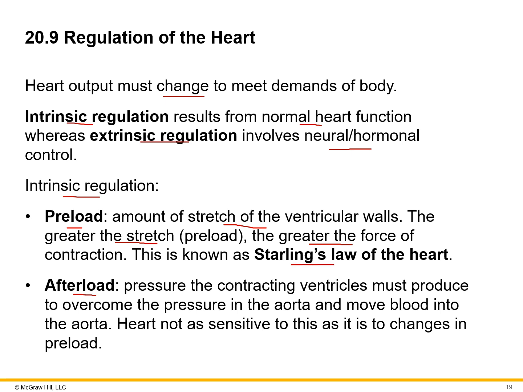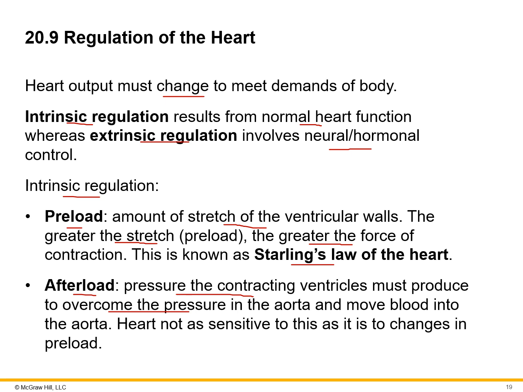Now the afterload, this is the pressure that contracting ventricles must produce to overcome the pressure of the aorta and move the blood out. Because remember, we're going from high to low pressures. So in that cardiac cycle, what allows the blood to move from the ventricles to the aorta is that contraction of the ventricles that creates enough pressure to push the blood out into the aorta or the pulmonary trunk.